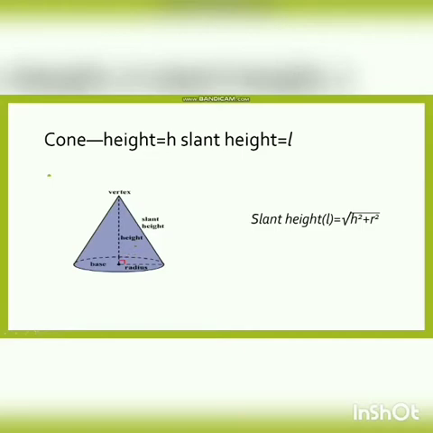So to find the slant height, small l is equal to square root of h square plus r square. You can use the Pythagoras theorem.